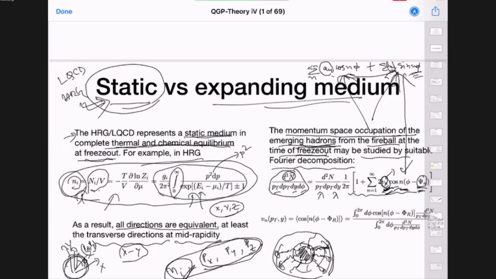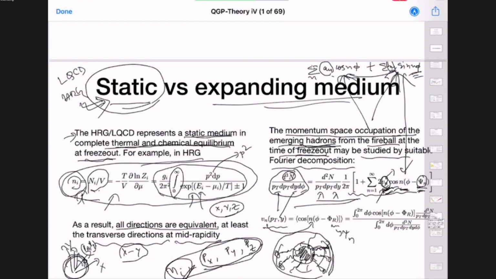For example, if you want to look at this vn, you can write from this expansion what it will be at a given pT and given y. All you have to do is take the average of the corresponding cosine n(phi minus psi n). If I take this expansion, instead of phi, I should be having a psi n, right?